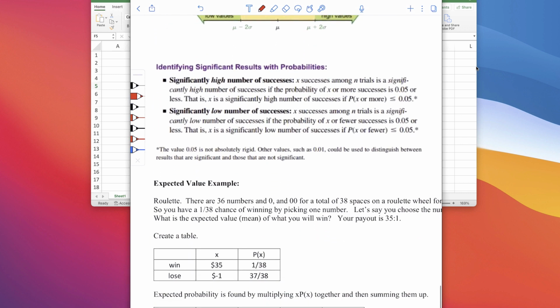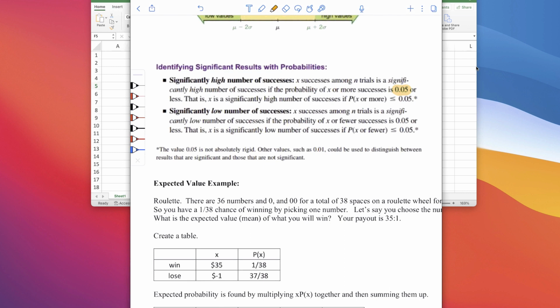They also call this the idea of a significantly high number of successes. X successes among n trials is significantly high if the probability of that many or more successes is 0.05 or less. So it's saying, hey, this doesn't happen that often.